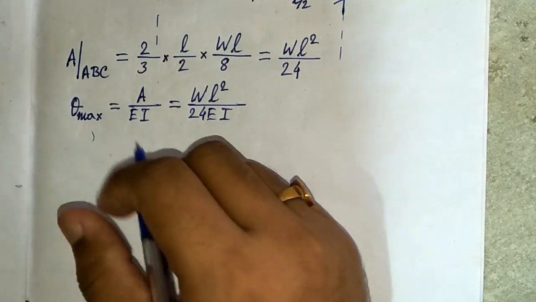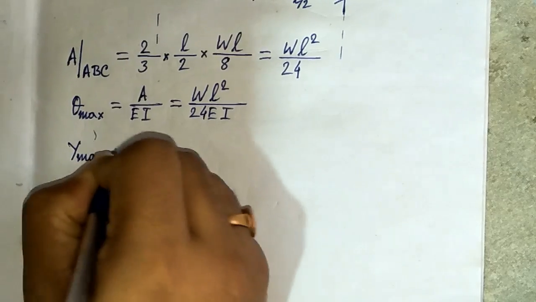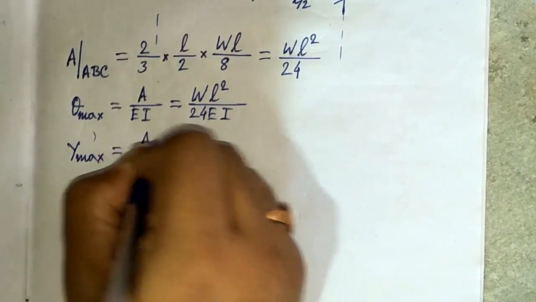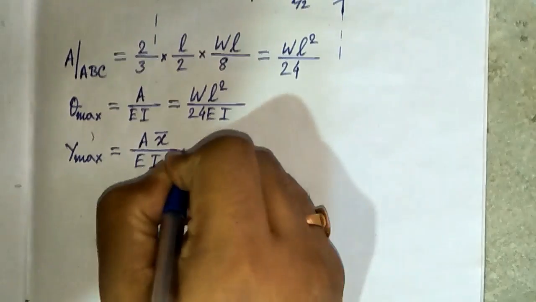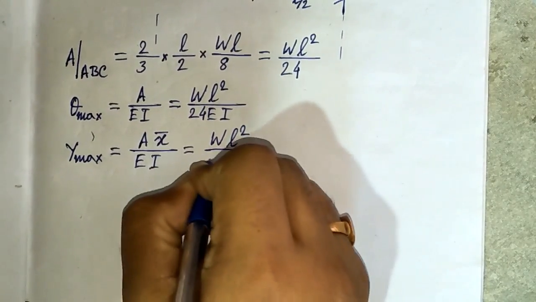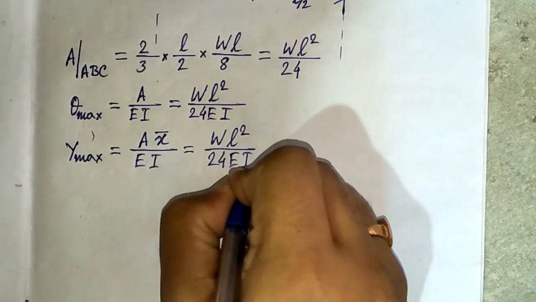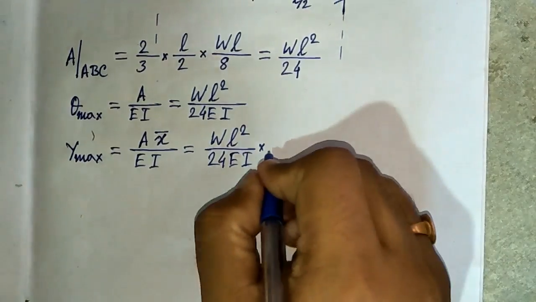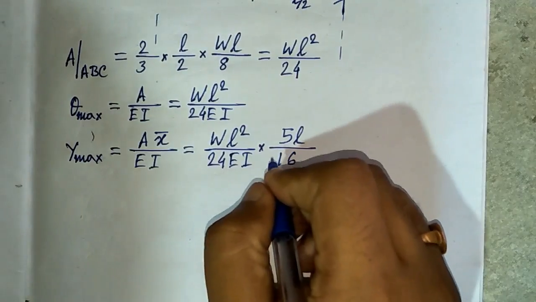Similarly, in case of deflection, the expression for Y max is A into x bar by EI. A is WL square by 24, and x bar is 5L by 16.